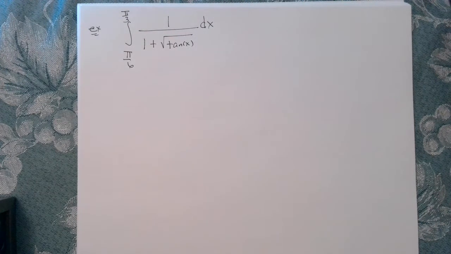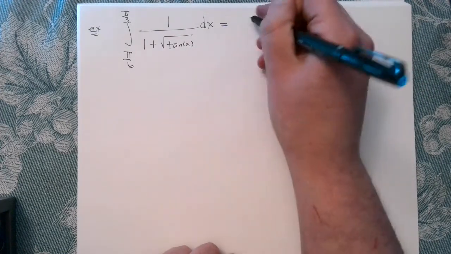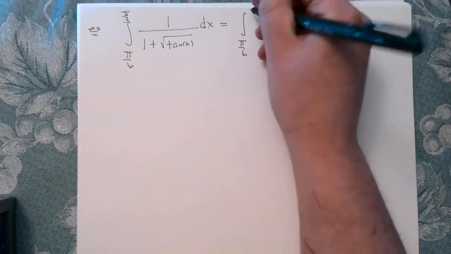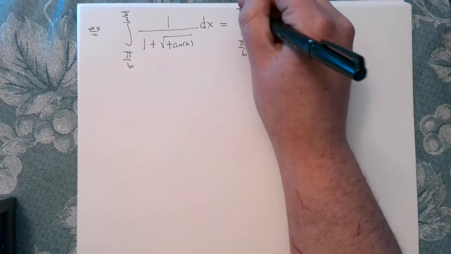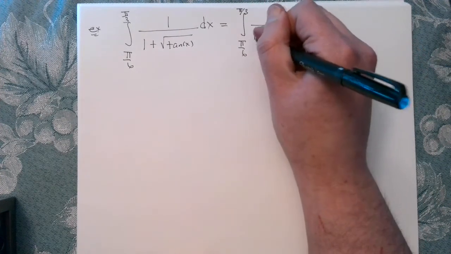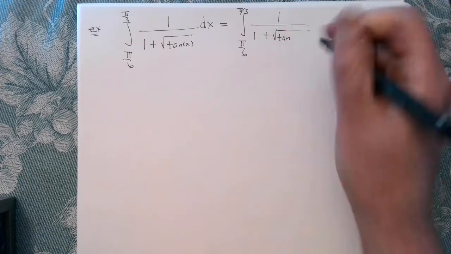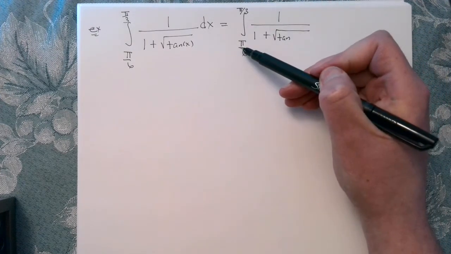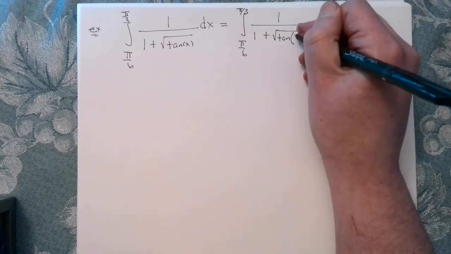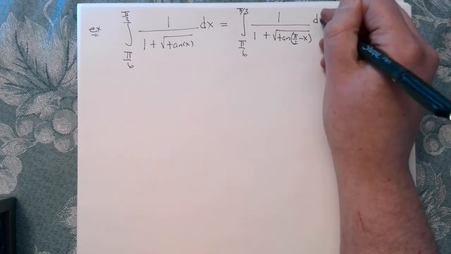And so now we're going to apply our theorem. Remember that this is the same thing as the integral from pi over 6 to pi over 3 of 1 over 1 plus the square root of tangent of a plus b minus x. Well, a plus b is pi over 2, minus x.